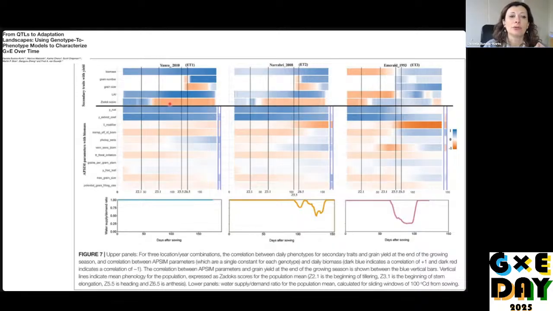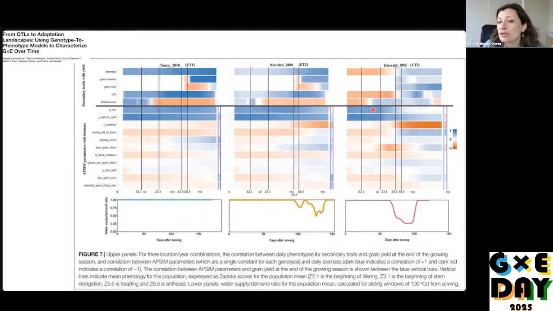And here at the bottom, we have traits that are more constant across environments. For example, radiation use efficiency was regulated by QTLs that were always the same. Nevertheless, we see that the correlation between radiation use efficiency and yield, in spite of radiation use efficiency being constant over time, changes.